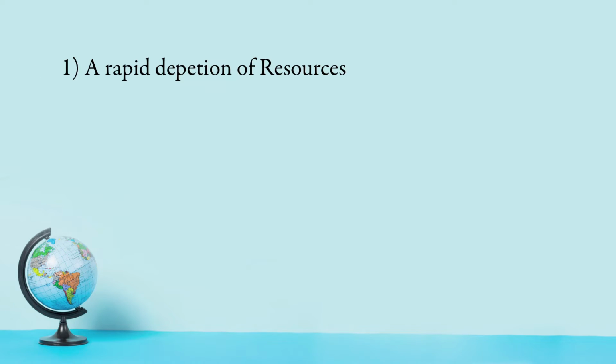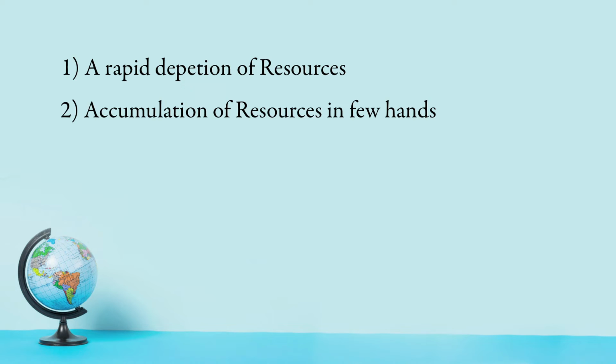Dear students, do you know that this indiscriminate use of resources has resulted into, firstly, a rapid depletion of resources for satisfying the greeds of few individuals. Secondly, it has led to the accumulation of resources in few hands.